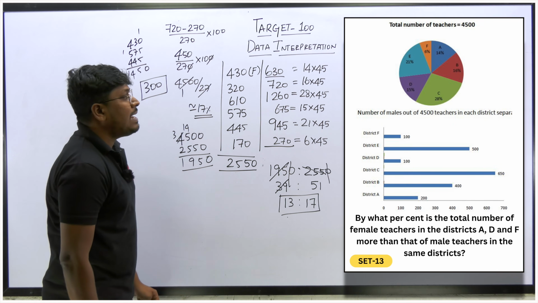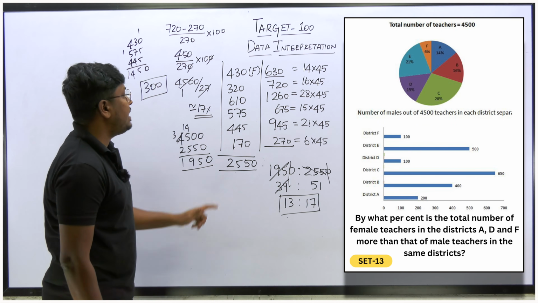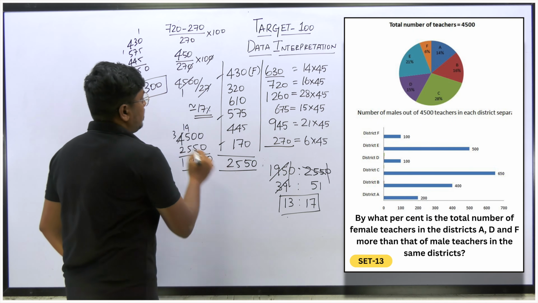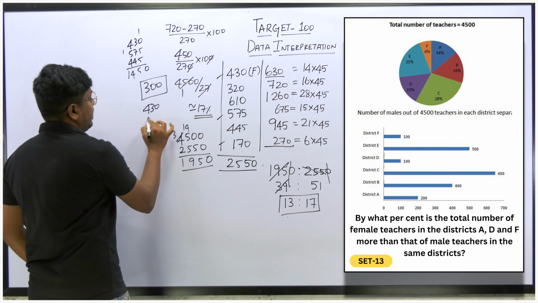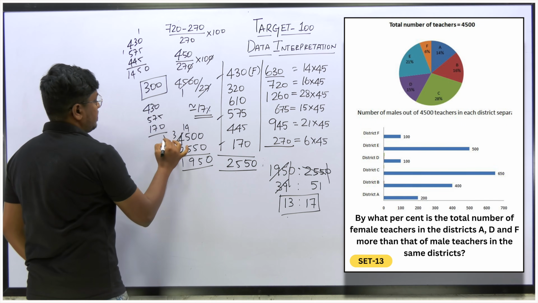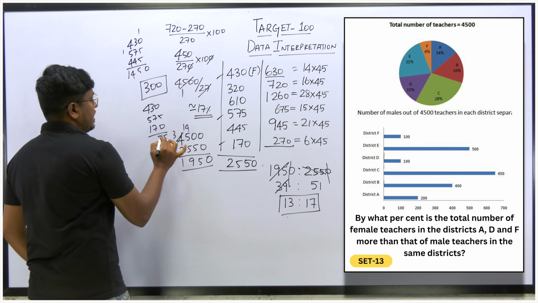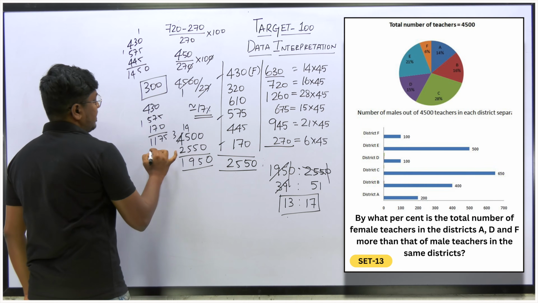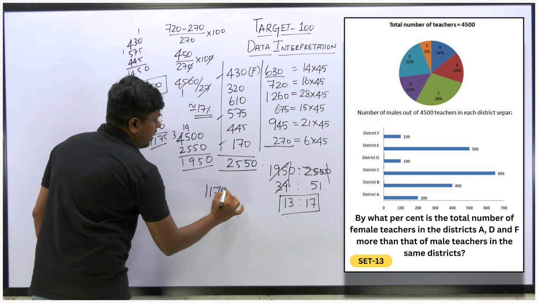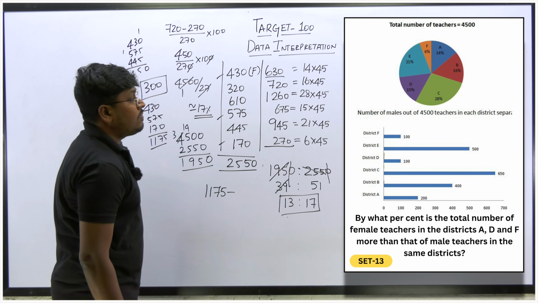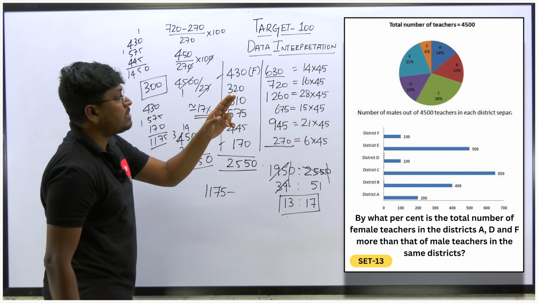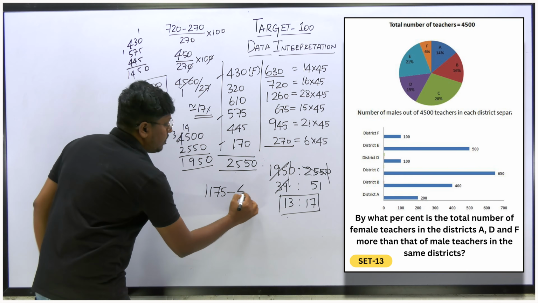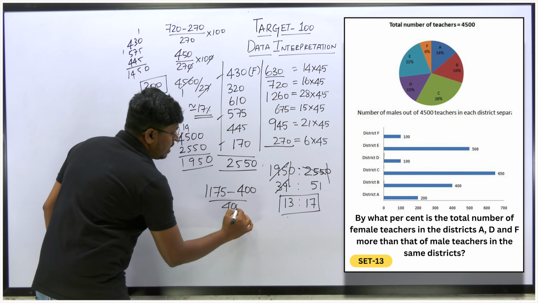For district ADF, the female teachers: A, D and F, so 430, 575 and 170, which is 1175. Minus the male teachers in the same district, look at the chart, 400. So divided by 400, into 100.